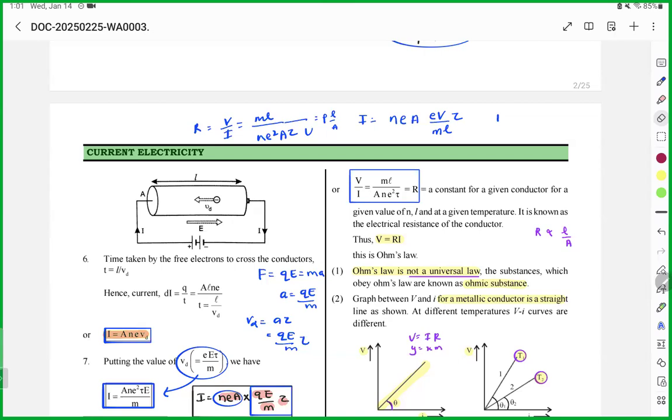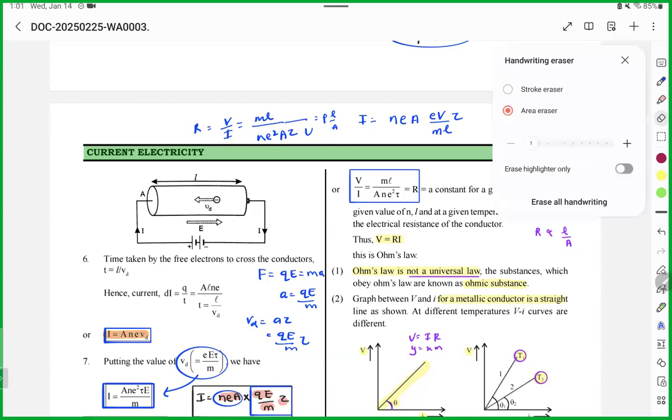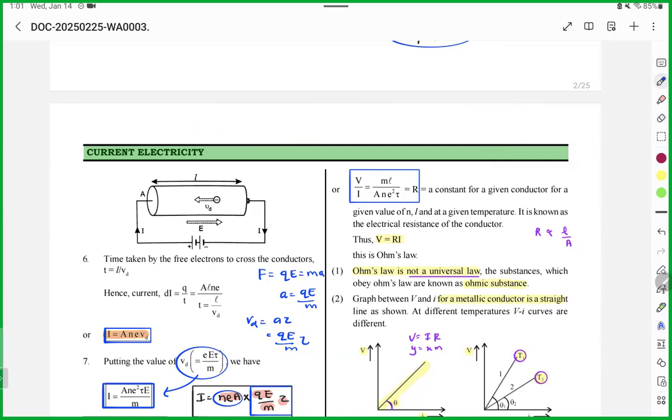So the easy way to complete this formula is to always write, focus on this, I is equal to neAvd. Now you should know that drift velocity is equal to charge into force by mass into τ.